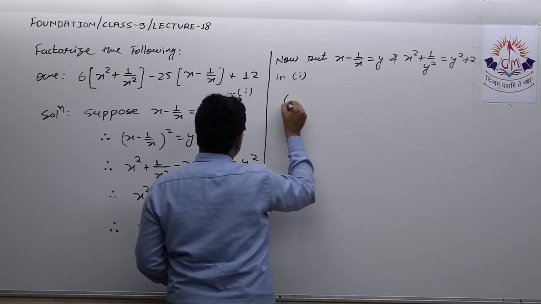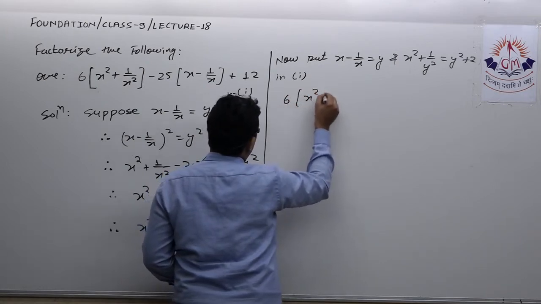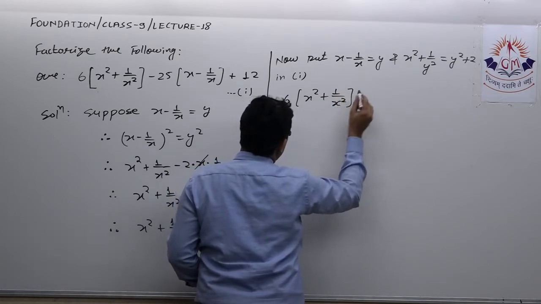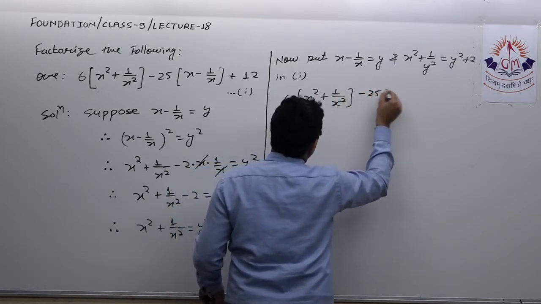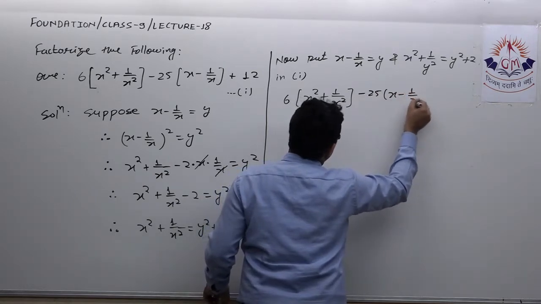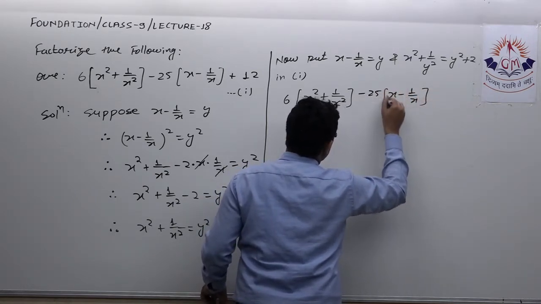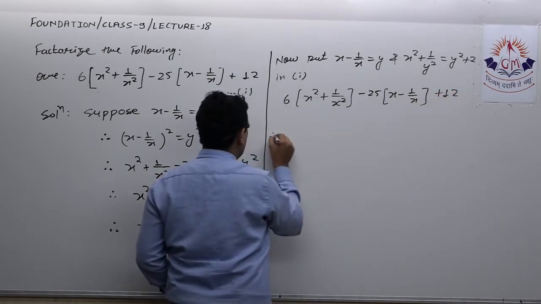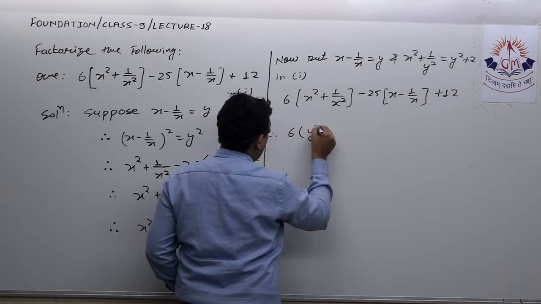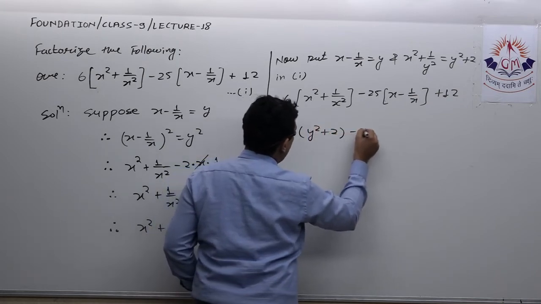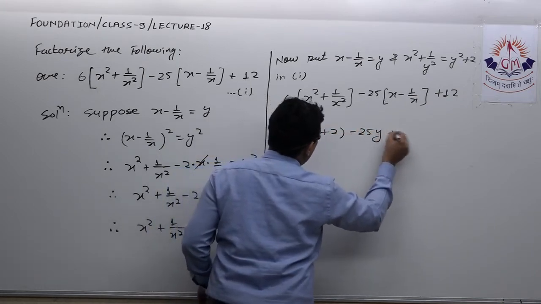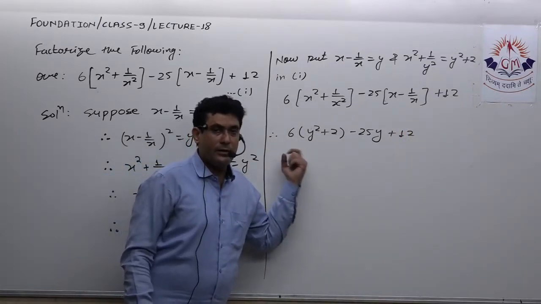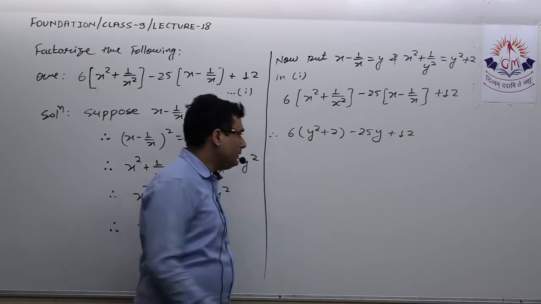This will give 6(y² + 2) − 25y + 12. Now on simplification this gives a quadratic expression.